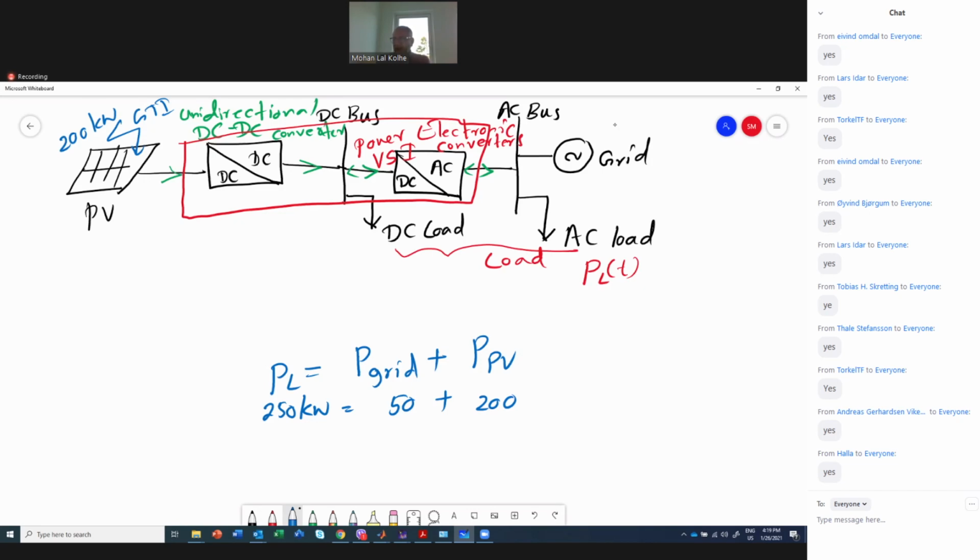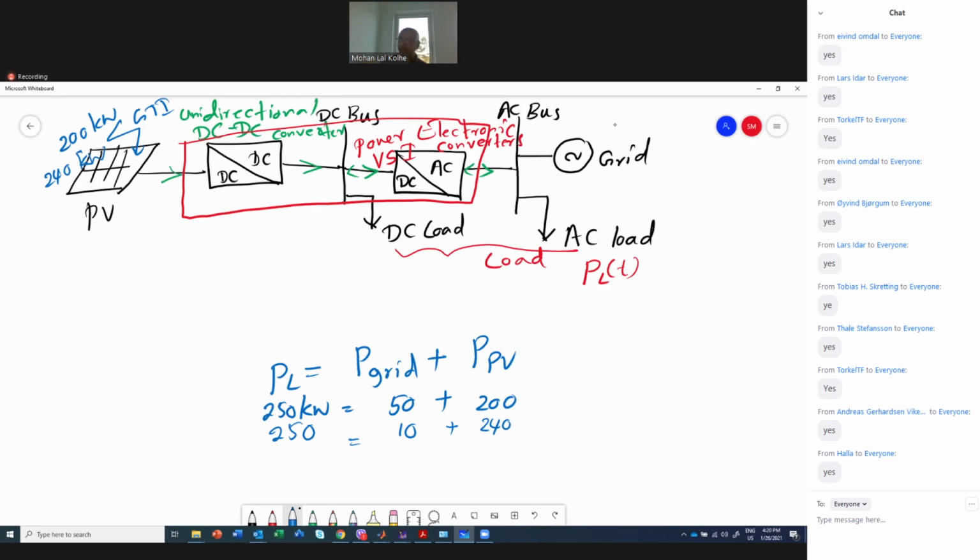And there is another situation. In a very sunny situation, your global tilted irradiance power will increase to 240 kilowatt. So now the PV power is 240. Then to supply this 250, from the grid we need only 10 kilowatt, because the PV panel is supplying its maximum power to the load.